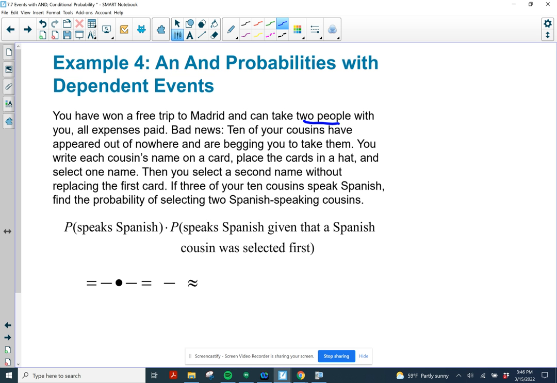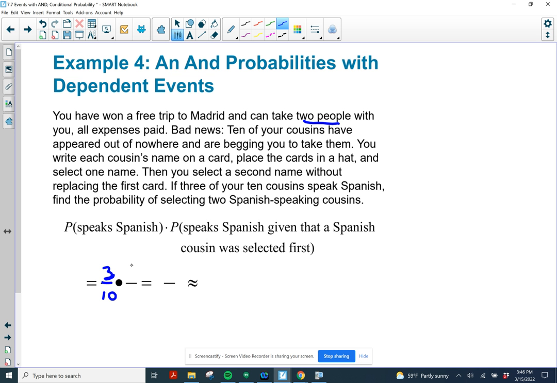So the probability that they both speak Spanish is going to be the probability that the first one speaks Spanish times the probability that the second one speaks Spanish, given that the first one was a Spanish-speaking cousin. The first probability, and they drew us a line here to remind us to write as a fraction: how many of my 10 cousins? 3 out of 10.